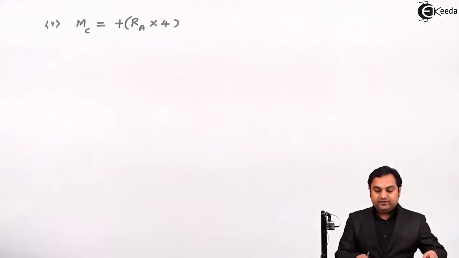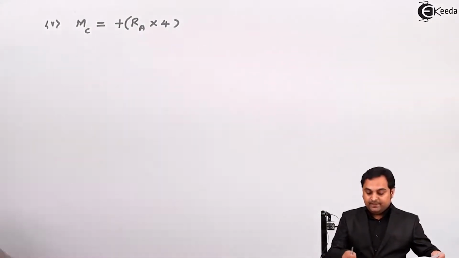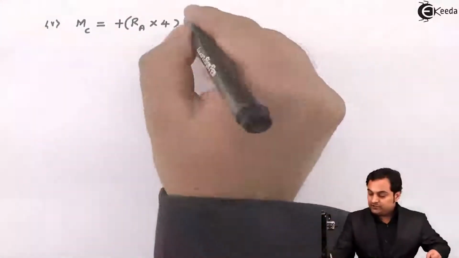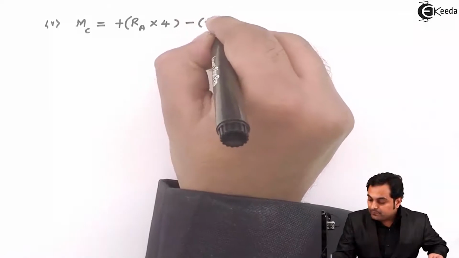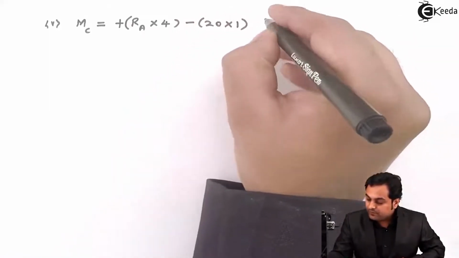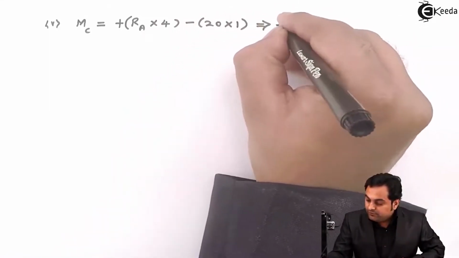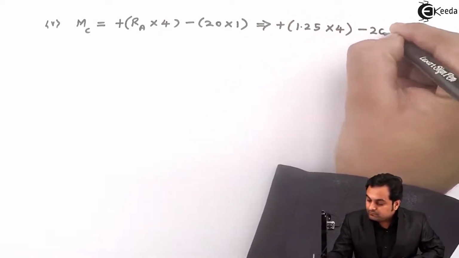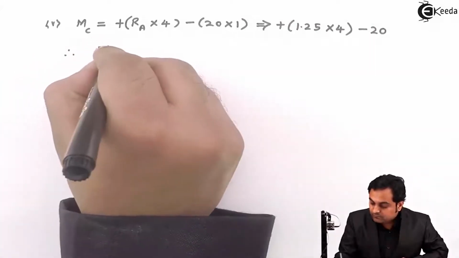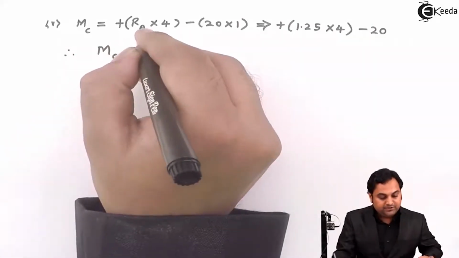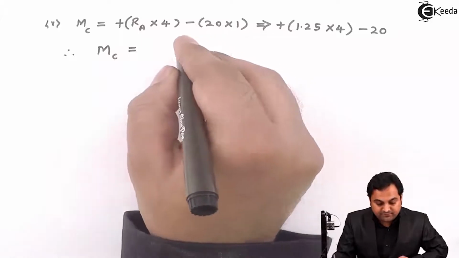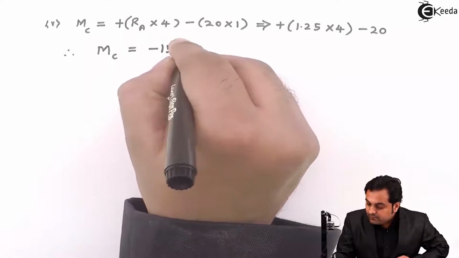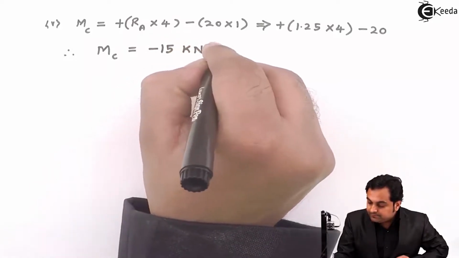So on the left hand side of the section, anti-clockwise is negative as per the convention. So minus 20 into 1. Here I'll put the value of RA. Moment at point C is minus 15 kilonewton meter.